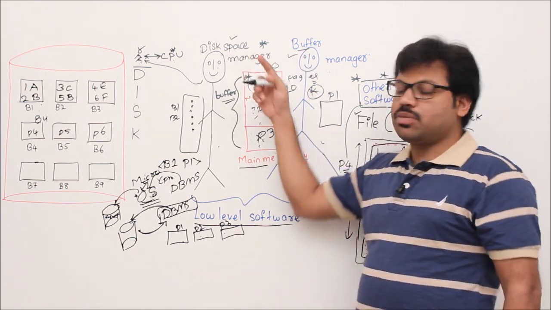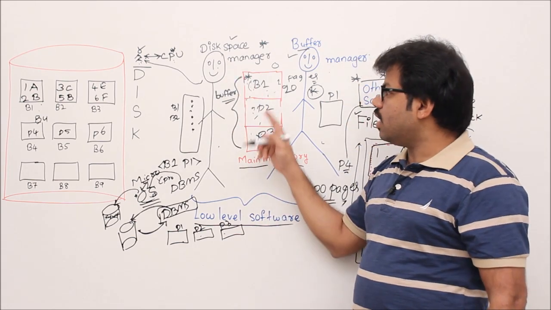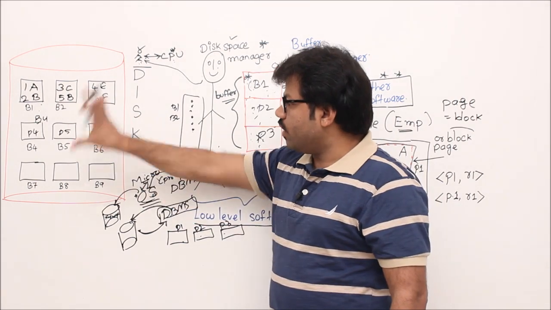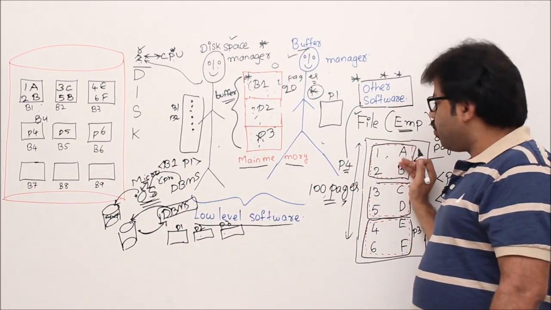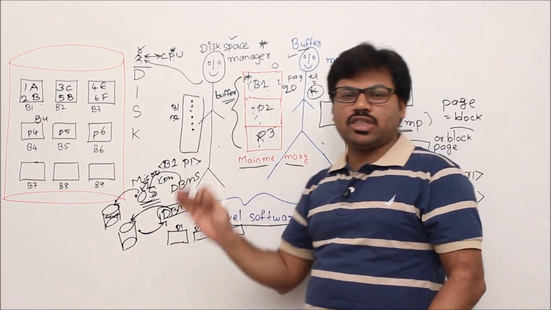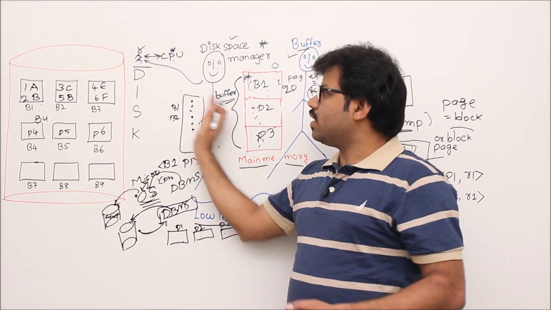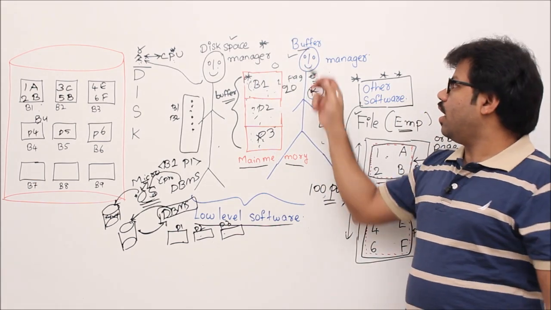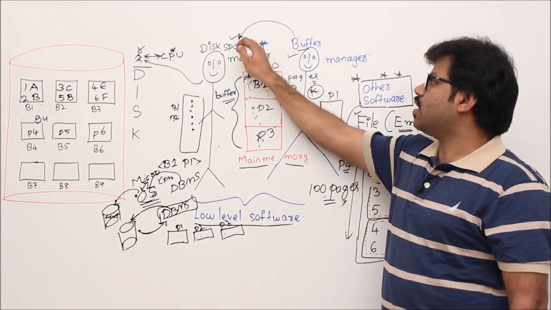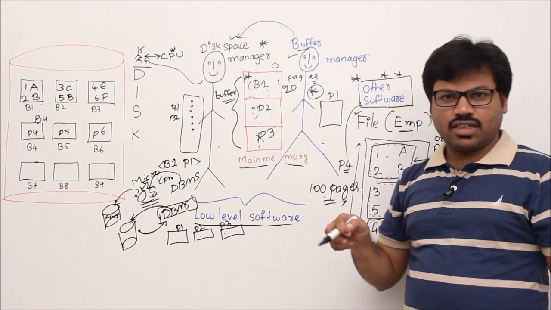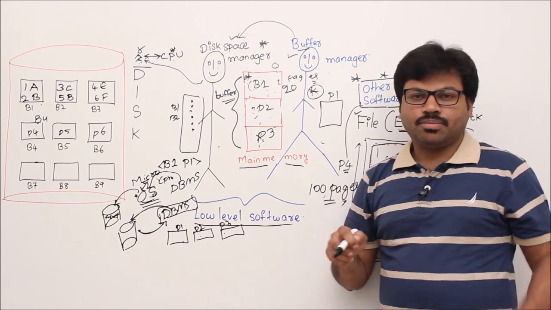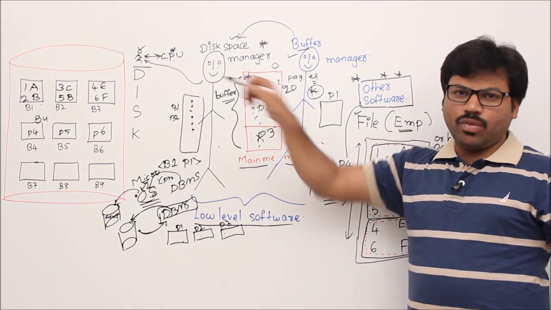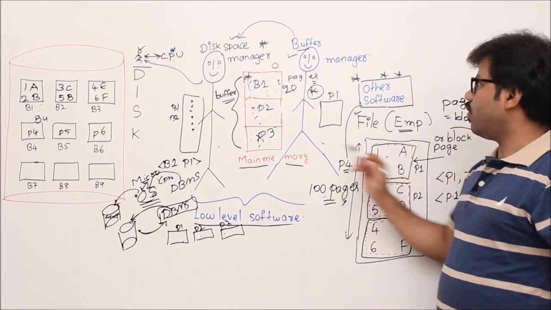Now, the disk space manager will abstract the disk storage, everything, and whatever logical page you have, if you give it to the disk space manager, it is going to store it. So these two are independent software units, and the buffer manager might sometimes communicate with the disk space manager. Why? Example, let's say one program wants to access block number 1, which for us is page number 1.